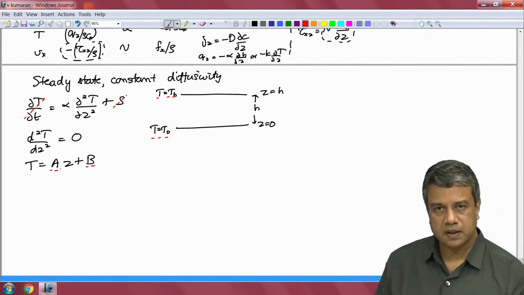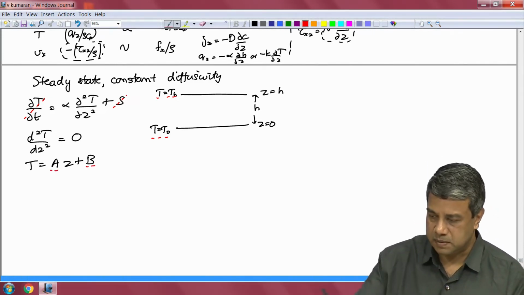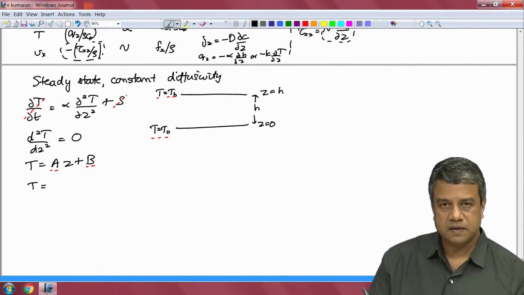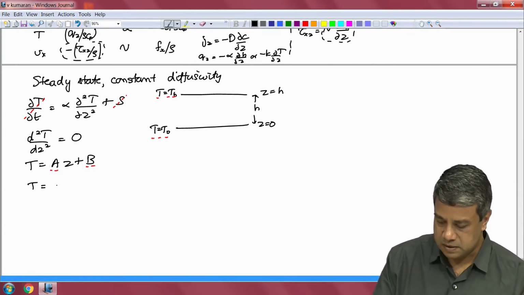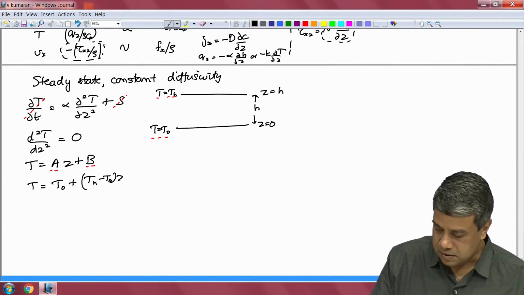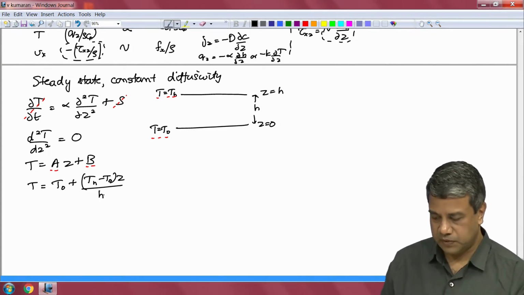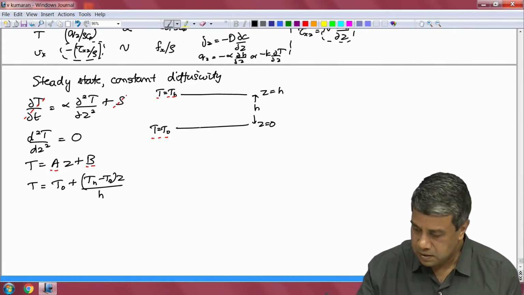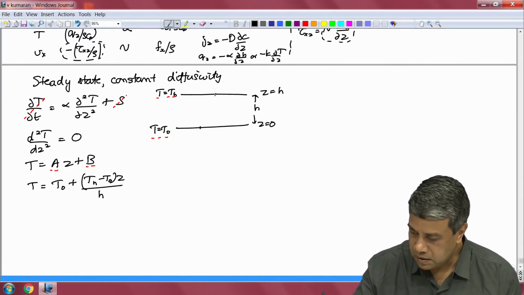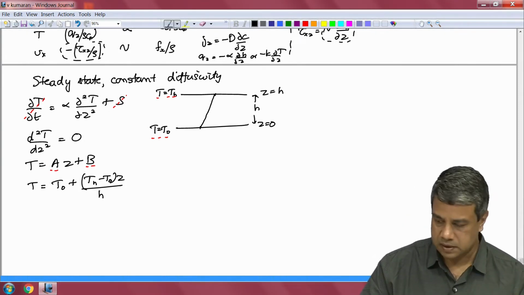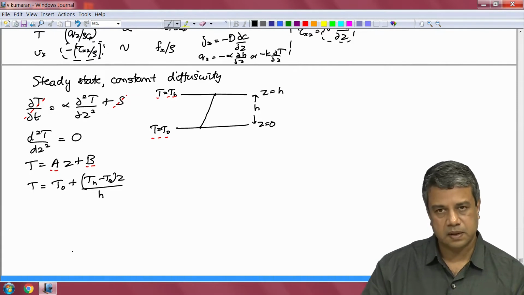And you can easily solve this problem, satisfy the constants and get T0 plus (Th minus T0) into z by H. This is a linear temperature field, with T equal to T0 at the bottom and Th on top.